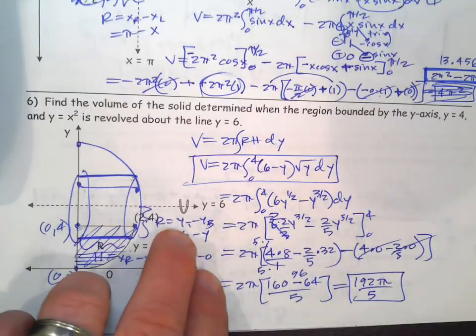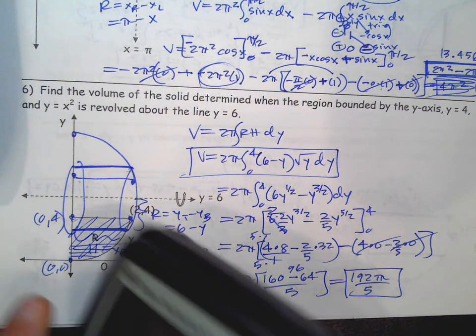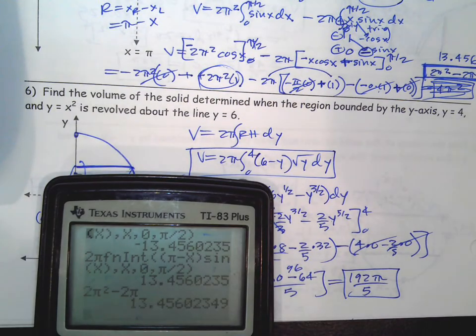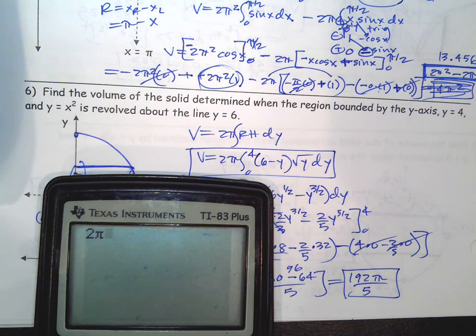Exact answer by hand, which matches what we got when we did the other way. Let's try it. 2 pi, math 9, parentheses, 6 minus x, close, square root of x, comma, 0, comma 4.